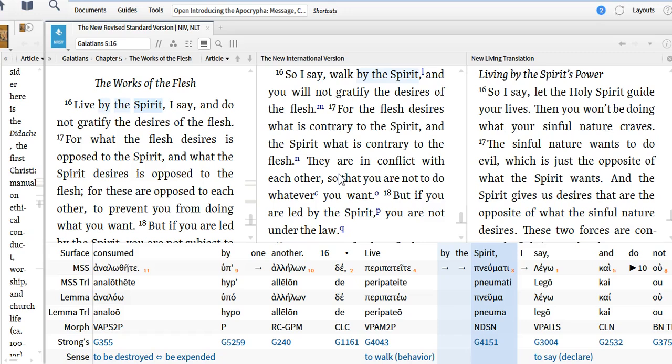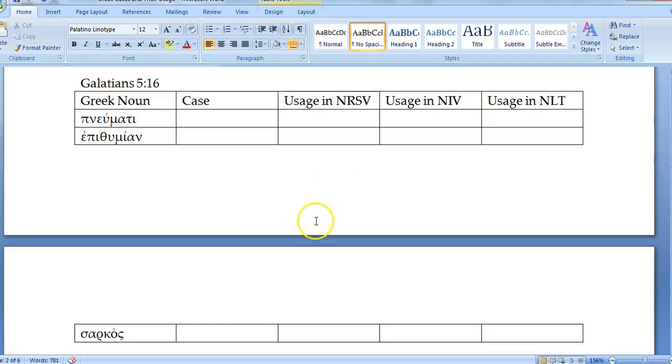We could conceive of it as a dative of rule or a dative of standard. Walk in line with the Spirit, although that really does not seem to be the direction in which either the NRSV or the NIV is going. So it is a dative, and we'd probably have to say means, or like instrument or means, or perhaps dative of reference.